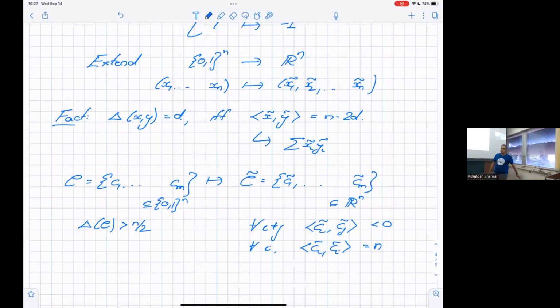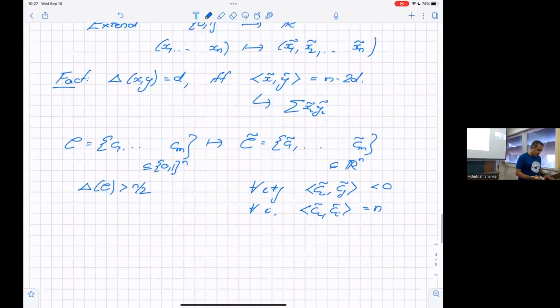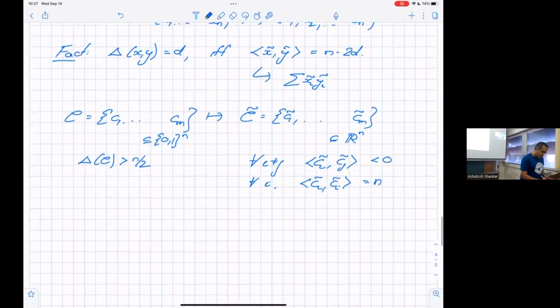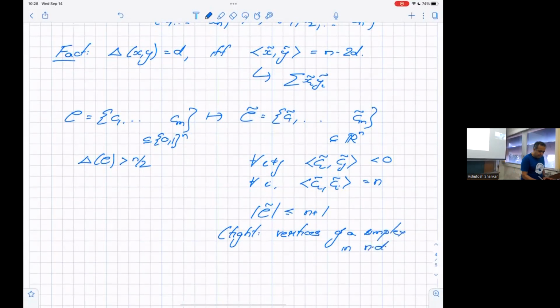No, we will prove this now. What we are going to show is that the size of C tilde is less than or equal to n plus 1. And notice this is tight because of the vertices of the simplex in dimension n.